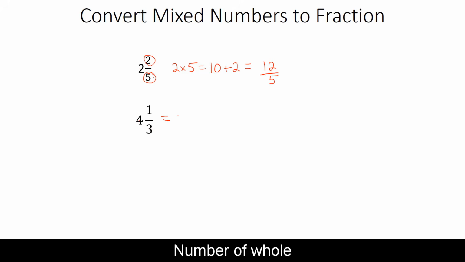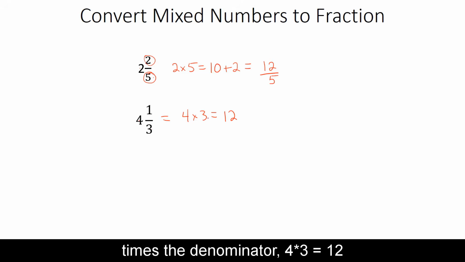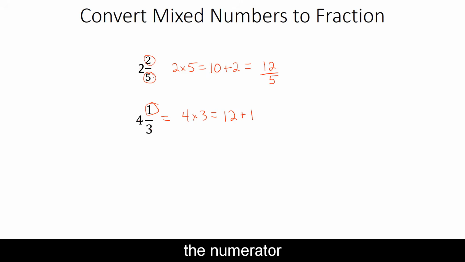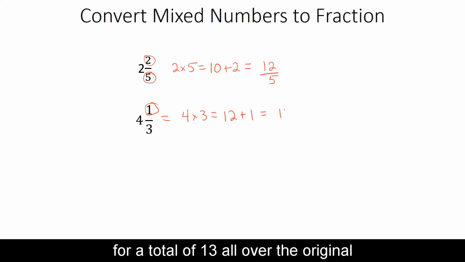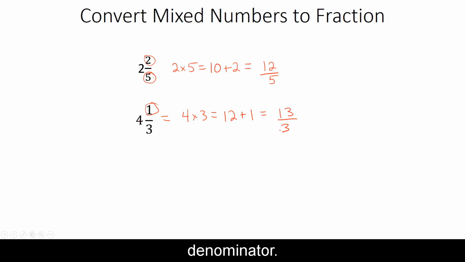Number of wholes times the denominator, 4 times 3 would yield 12. We add the numerator for a total of 13, all over the original denominator. One more.